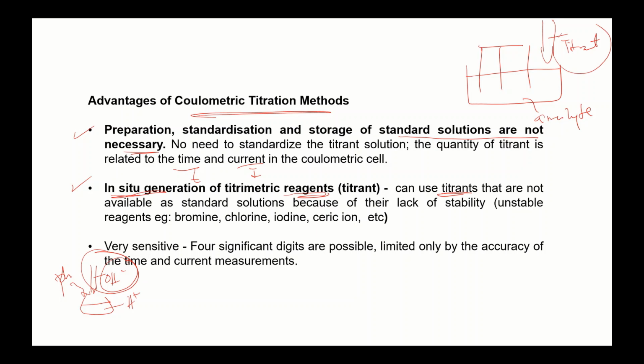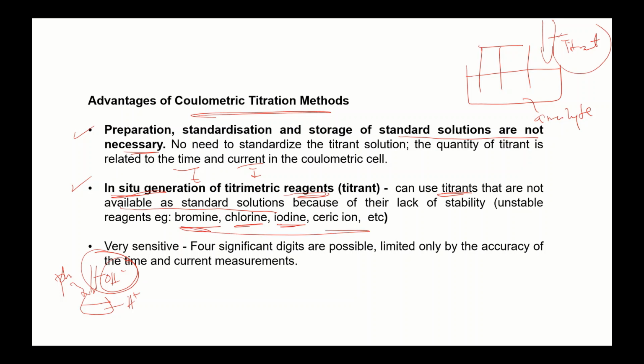Why do we need to prepare the reagent in situ? Because there are no available standard solutions or reagents that can be used, owing to lack of stability, unstable reagents, for example bromine, chlorine, iodine, ferric ion. All of these are not stable.